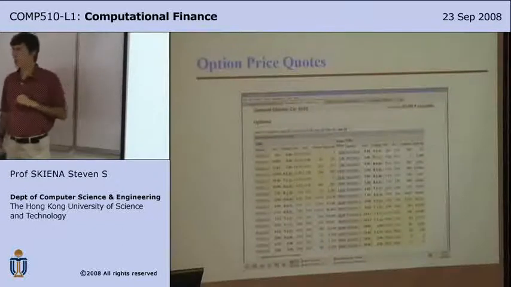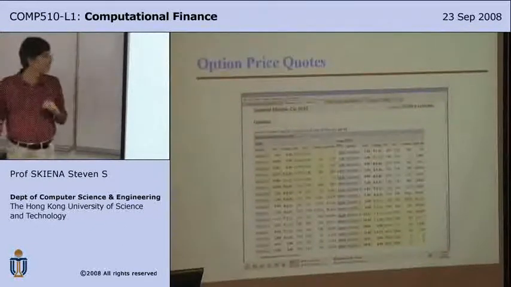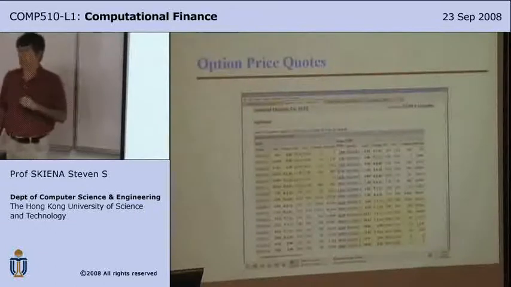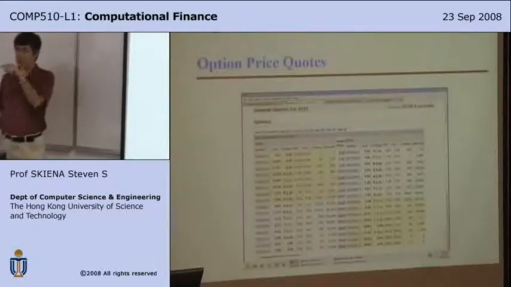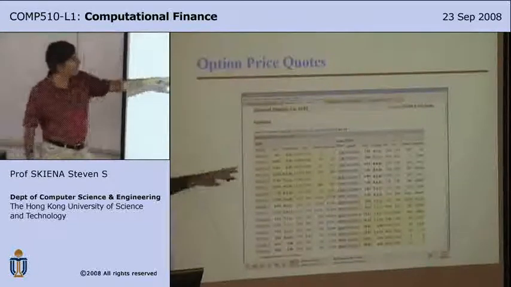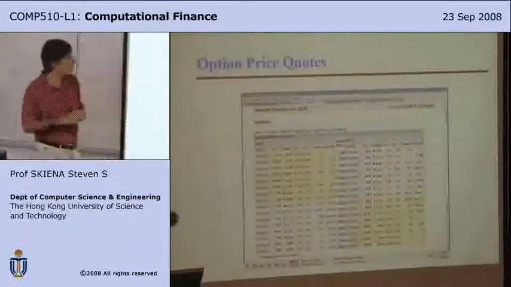And the bid and ask price are his current spreads. What he's willing to pay if you want to sell him one, and what he's willing to charge you if you want to buy one. Does that make sense?